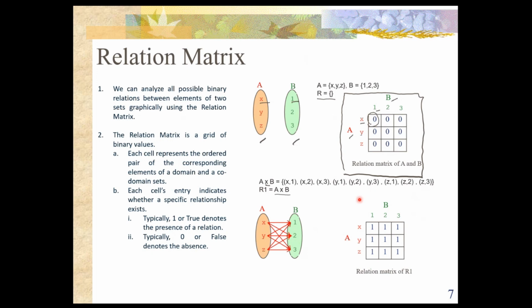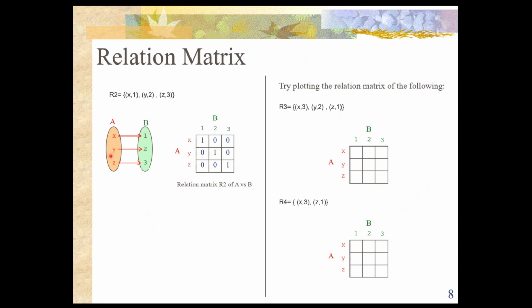So let's look at more examples of this, to reinforce our understanding of what a relation matrix is and how to create one. Still the same Venn diagram, same sets A and B. The only difference now is the relations, whereby each element of set A is connected to only one element of set B. So this is a function, only one output, but that does not matter.